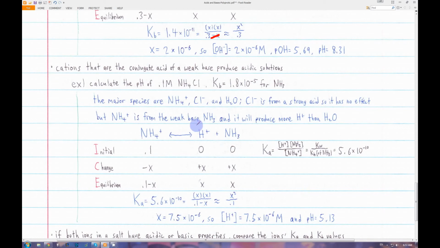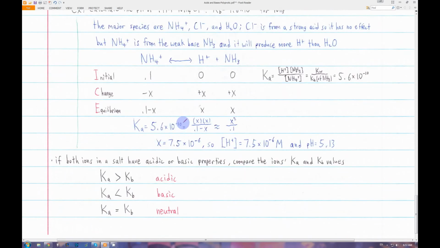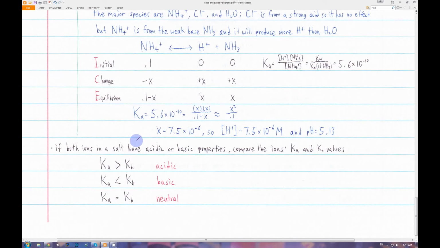In both of these examples, only one of the ions had an effect on the pH. The other ion came from either a strong acid or strong base. If we have a case where both ions in a salt can have acidic or basic properties, we can't do the math to calculate the exact value of the pH.